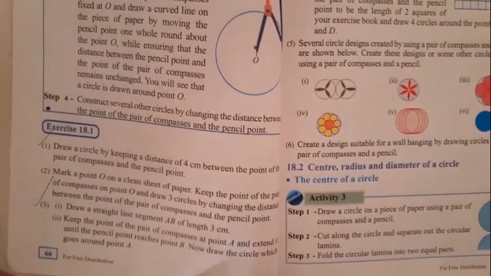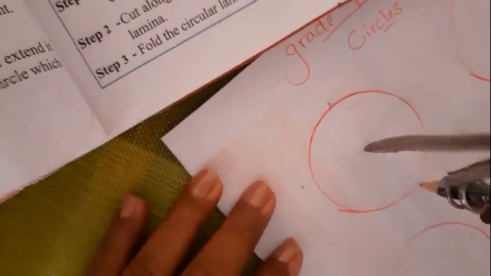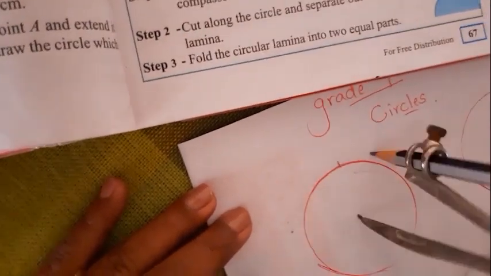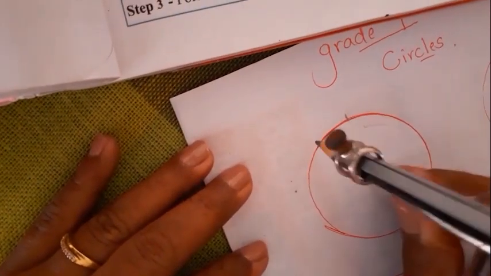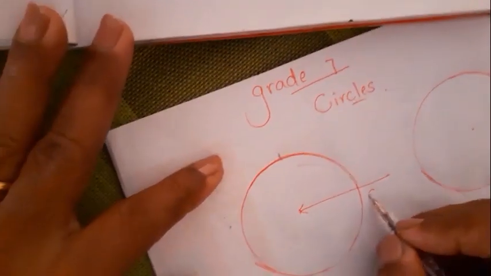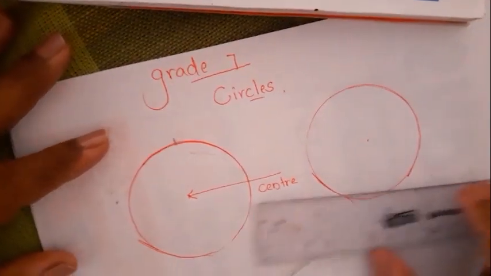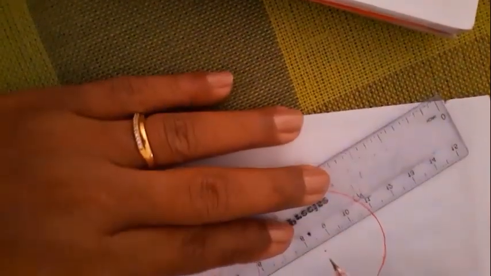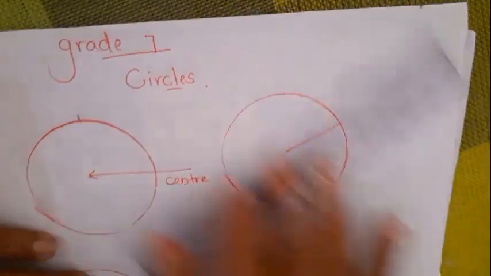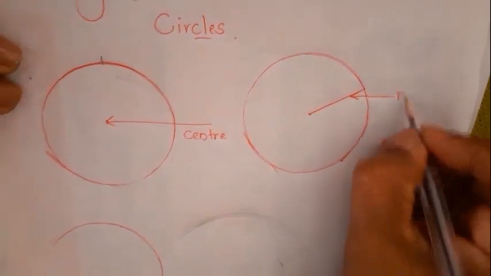Parts of the circles. If you keep the needle of the pair of compasses, that is what we call the center. From the center, you can draw a line until the circle, that is what we call the radius.